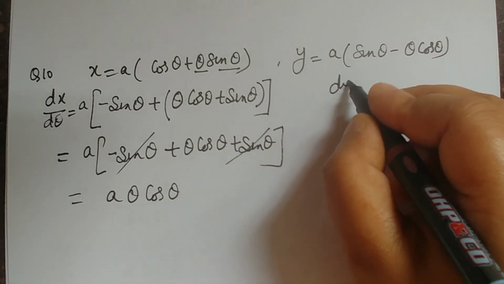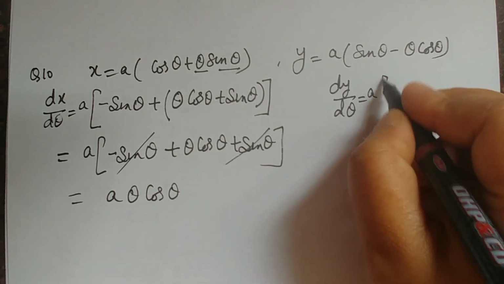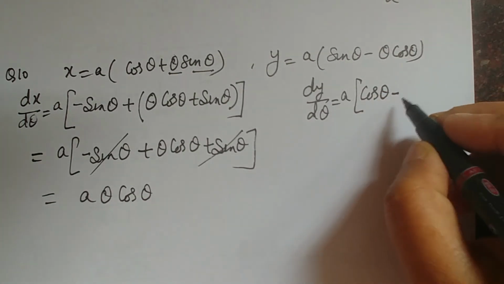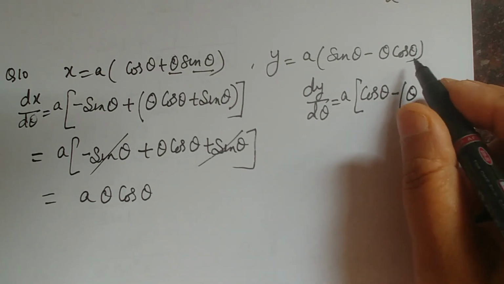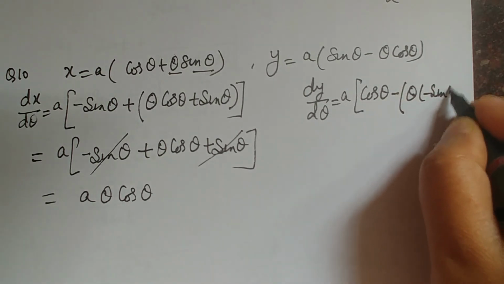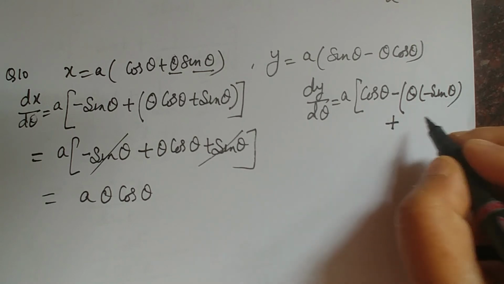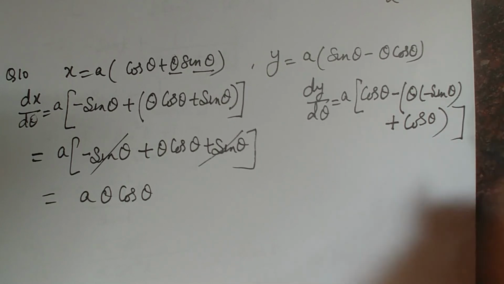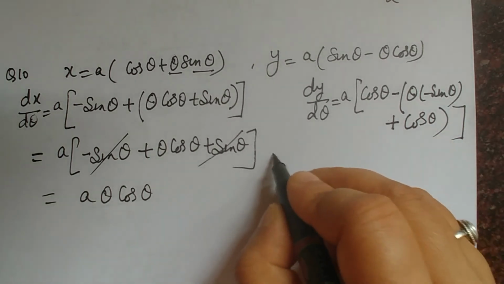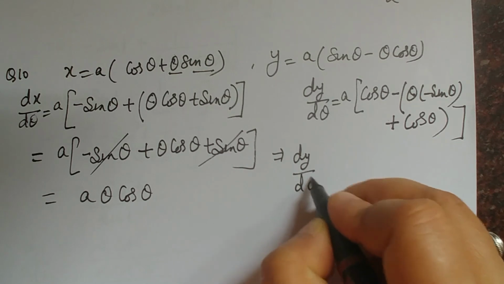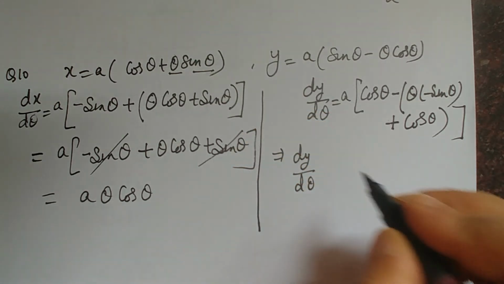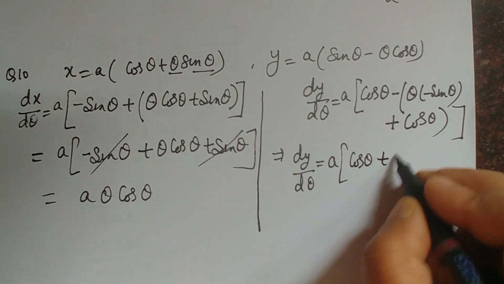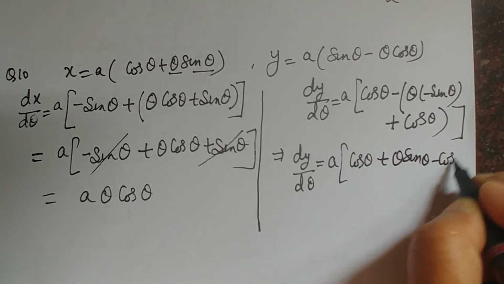Okay, and what is dy by d theta? This is a times the derivative of sin theta, which is cos theta, minus again the product rule: theta times derivative of cos, which is minus sin theta, plus cos theta times derivative of theta, which is 1. So dy by d theta is equal to a times cos theta plus theta sin theta minus cos theta.